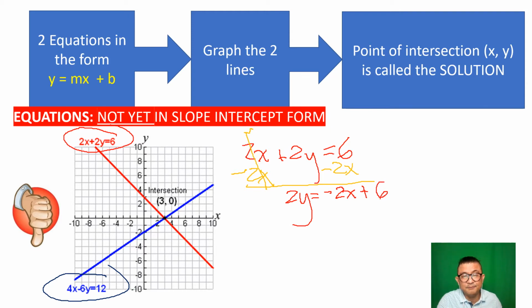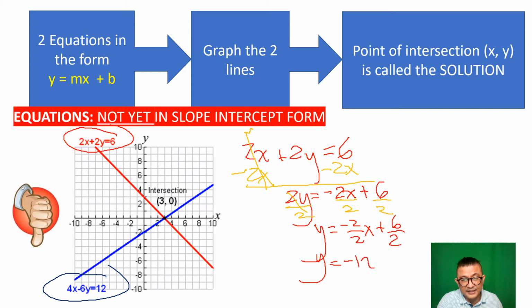And the next step is what? Divide by 2 on both sides. That means distribute that, divide by 2 for both. Therefore, y is equal to negative 2 over 2x plus 6 over 2. That becomes y is equal to negative 1x plus 3.